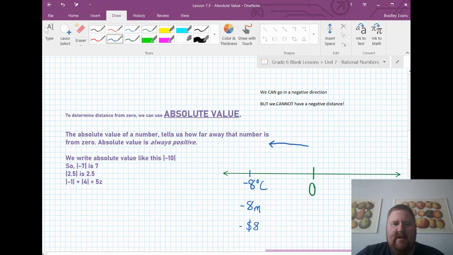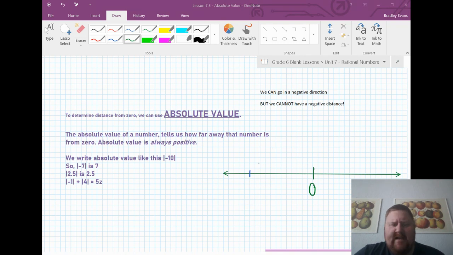But our absolute value of negative 8 is determined by how far away from 0 it is. Well, negative 8 is 8 points away from 0. So the absolute value of negative 8 would be 8.